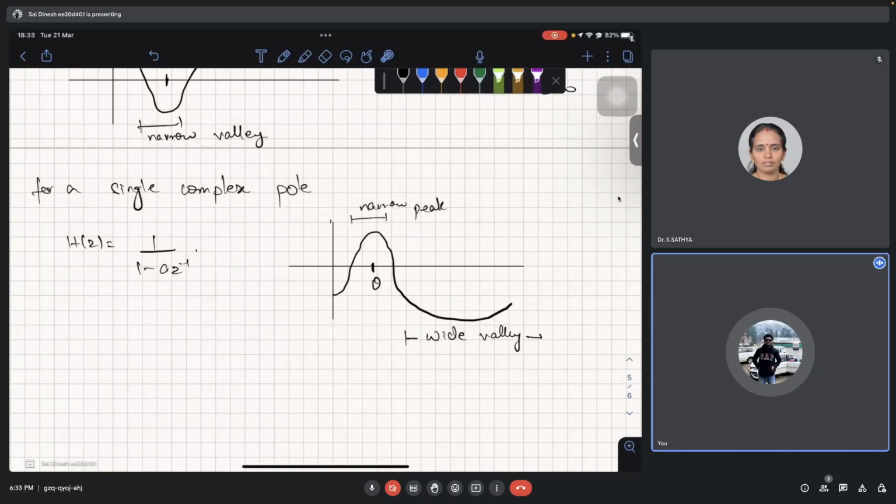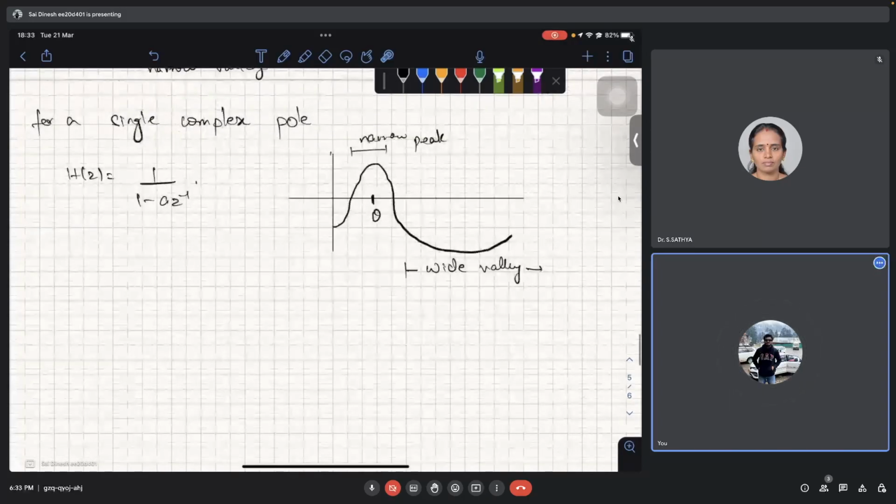This again of course depends on the valley and the peak. So based on these pole zero locations, we find the response of the system to a single pole at a time, and then you can just sum them up and finally get the final magnitude response, right?